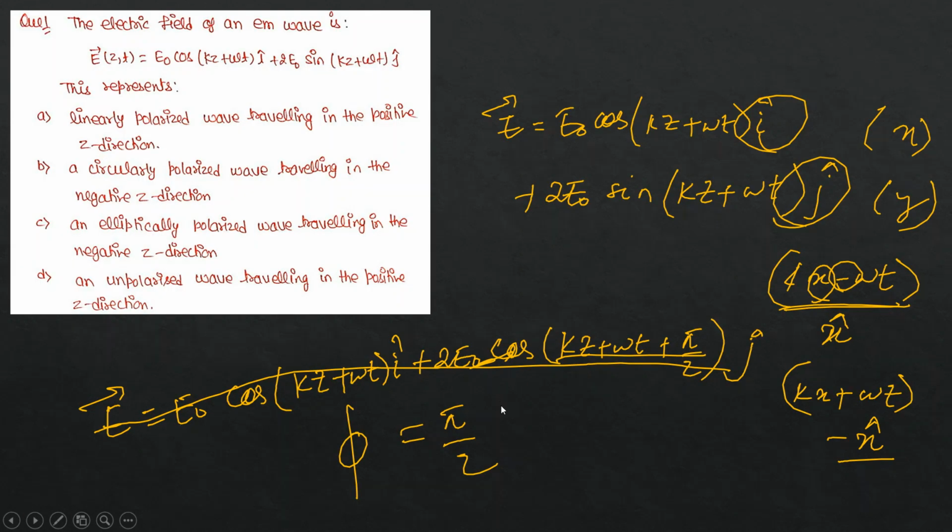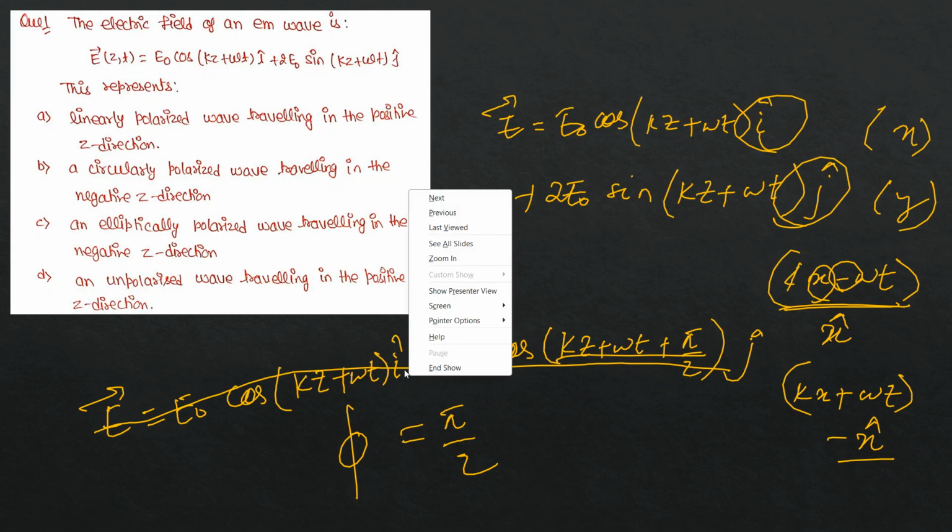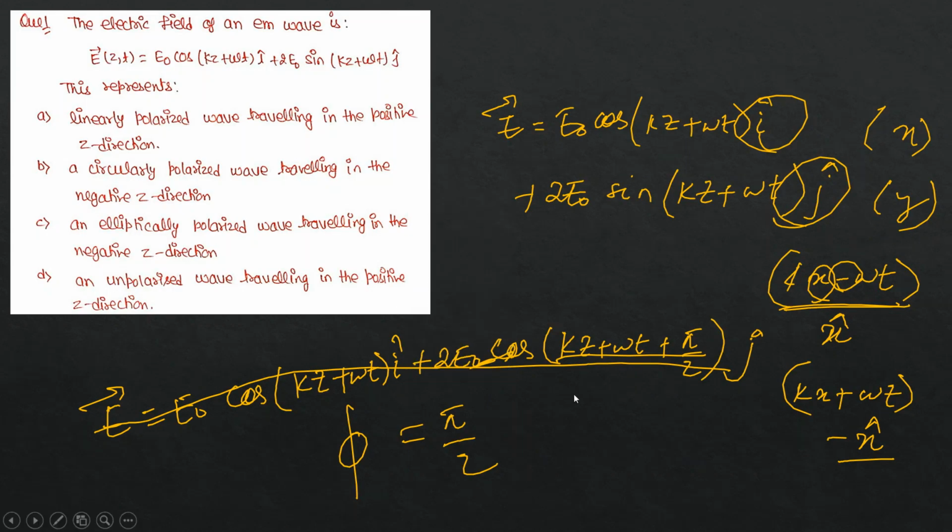So phi is equal to pi by 2. From the direction only we can tell, so phi is equal to pi by 2.